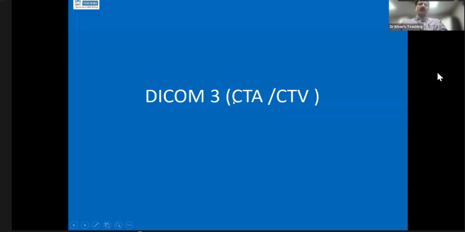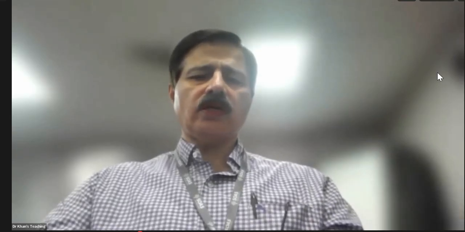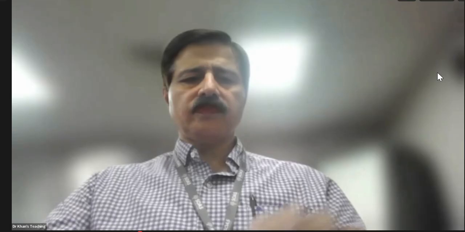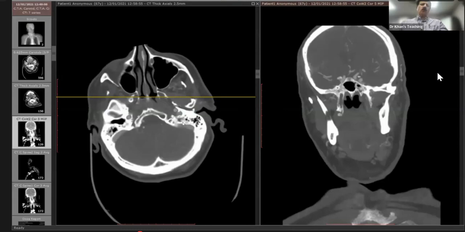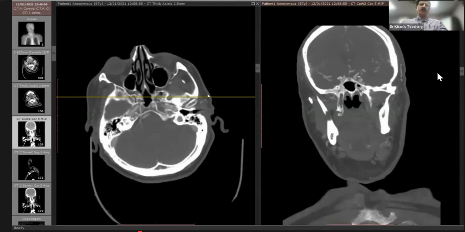So let me show you a DICOM, CTA and CTV, and the aim is just to show you... Can you see my DICOM viewer? Yes, I can. Okay, so let's go through this anatomy once again.